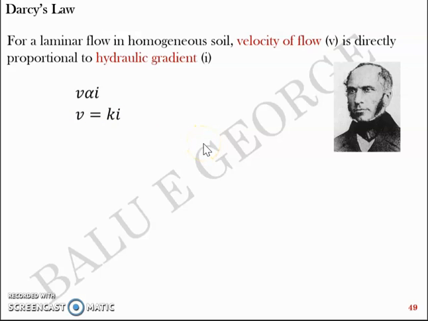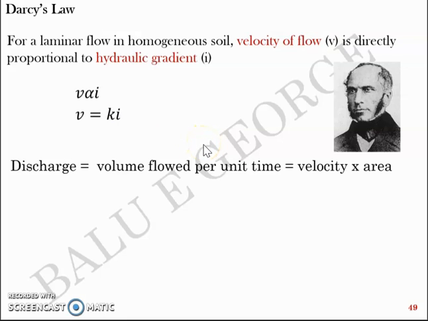Now when you talk about another term, discharge, usually represented by Q, it is the volume flowed per unit time. When you talk about the discharge of a pipe, the one that you use in your wash basins or perhaps in your lawn area, etc., the discharge is volume of water flowed per unit time. It's also a product of velocity and the cross-sectional area.